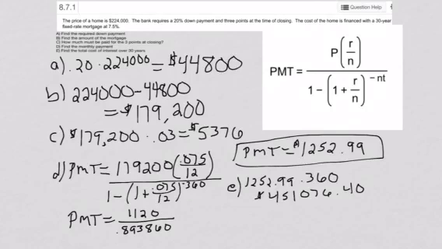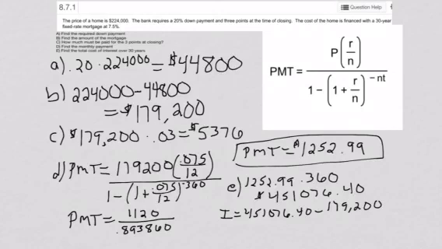Now, that's the total cost of the amount borrowed and the interest. Part E just wants us to find the total cost of the interest. So interest is going to be equal to the amount that we're going to pay, $451,076.40, minus the amount that we had the mortgage for, which is $179,200.